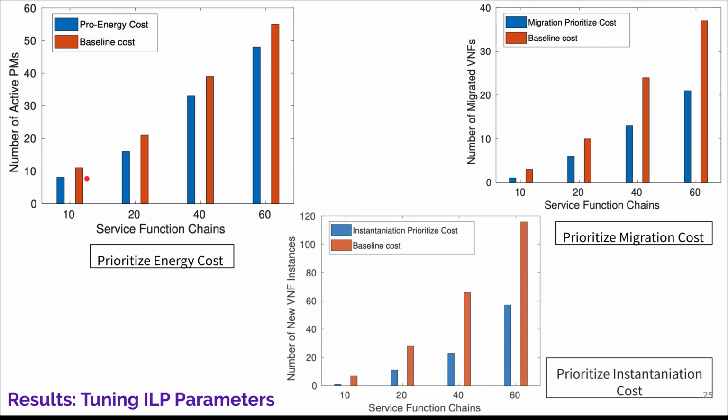Similarly, we can even try to prioritize individually the migration cost and the instantiation cost. And as you can see, the blue bar is lower cost compared to the baseline cost that is shown in the red bar for different service function chains. In this way, we can show that our ILP objective function is flexible and we can try to prioritize different costs in different scenarios.